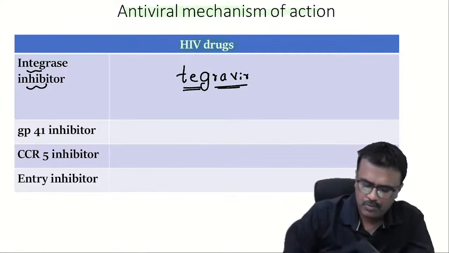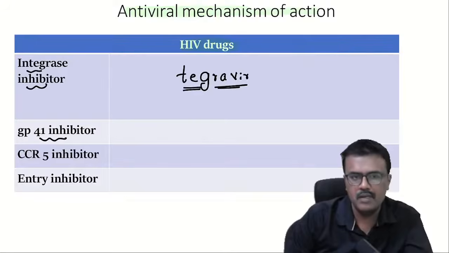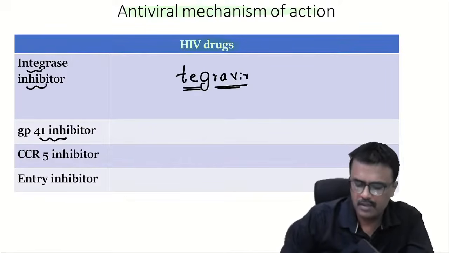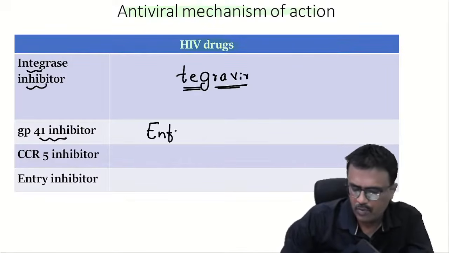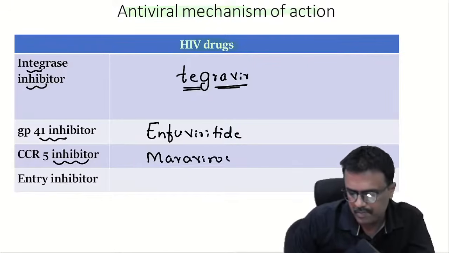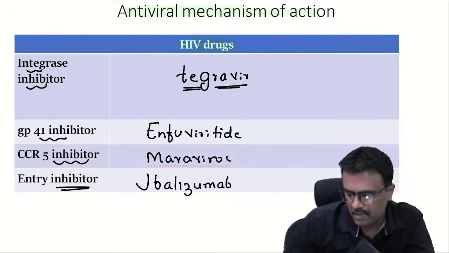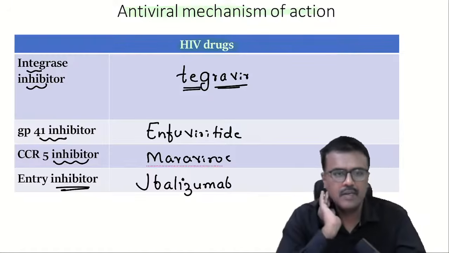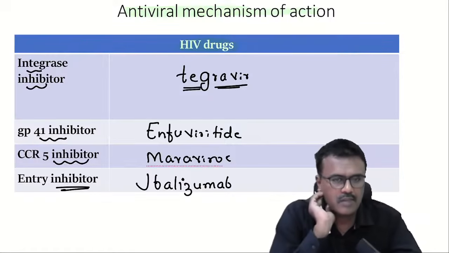Now coming to GP41 inhibitor, glycoprotein 41 inhibitor, the name is called enfuvirtide. And CCR5 inhibitor, the name is called maraviroc. And entry inhibitor, we have a recent drug called ibalizumab. So these are the mechanisms and the drugs: integrase inhibitor, enfuvirtide, maraviroc, ibalizumab.